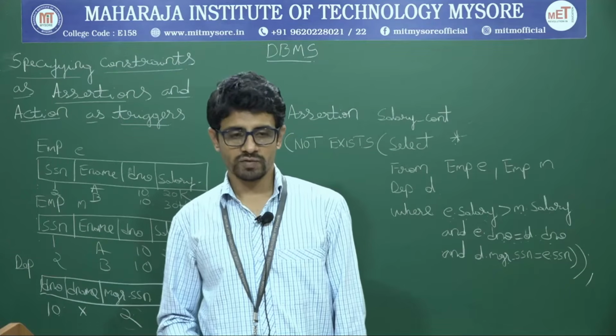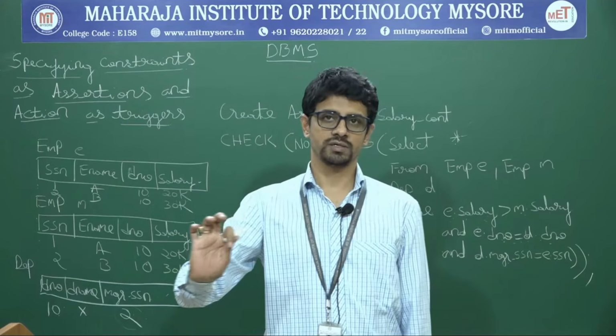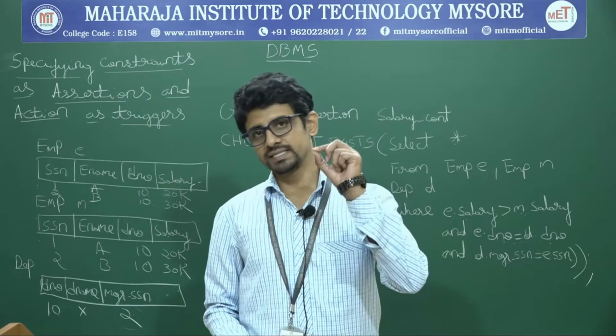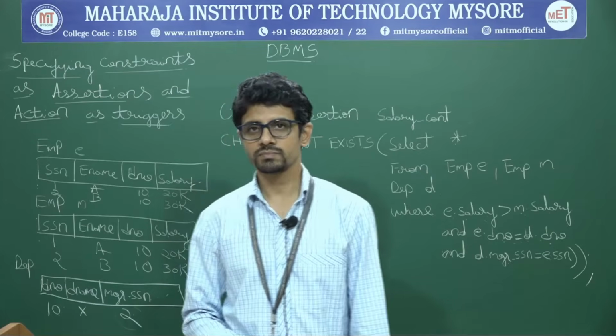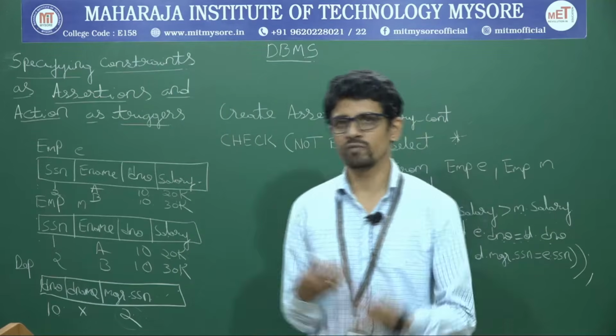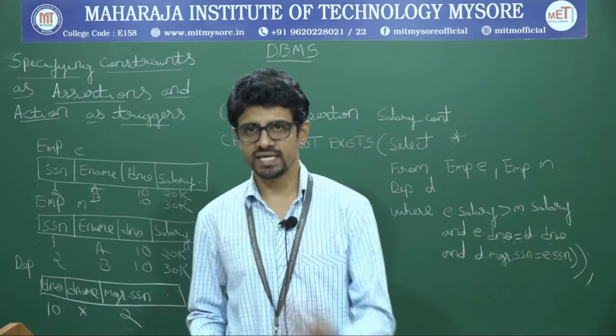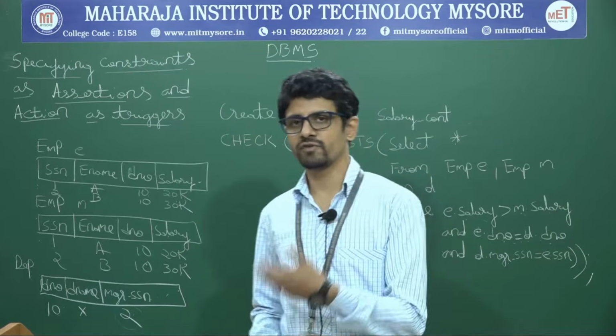Whenever you write just a check clause without an assertion, that check is evaluated after each insertion, after each update, or whenever you modify the database state. The check constraint will be evaluated. Same way in the case of your domain also.